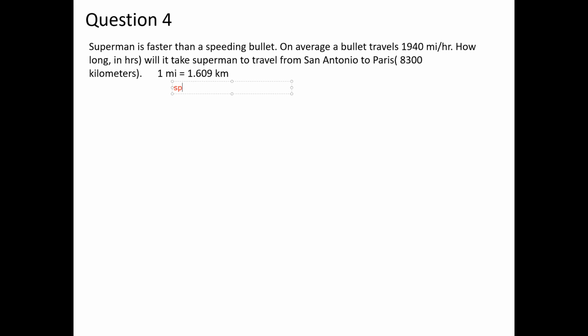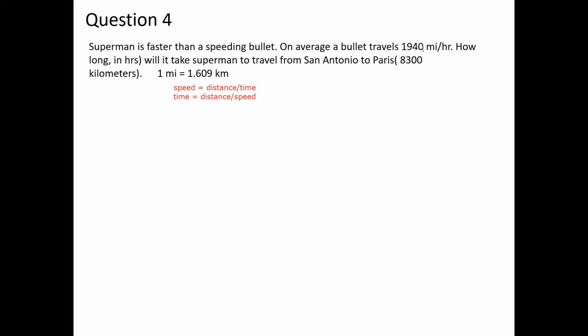So again, we're looking for the time it takes for Superman to travel. We're given the speed, and from our previous problem, we know that speed is distance divided by time. We can rearrange this to solve for time equals distance divided by speed. But before we can find the time, we need to make sure that the unit for distance in the speed is the same as our unit for distance between San Antonio and Paris.